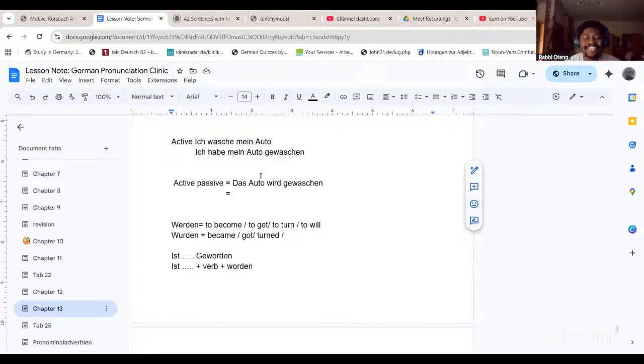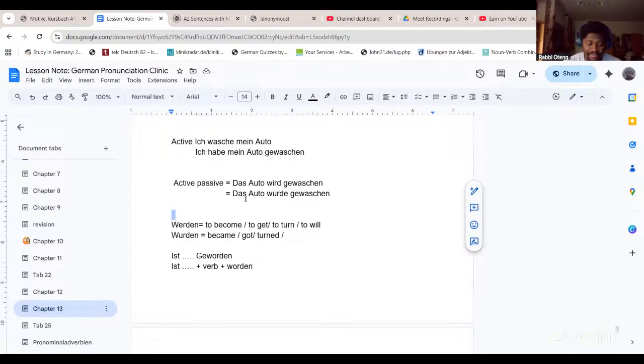So in the active passive, when you want to say that the car became washed, then that's Das Auto wurde gewaschen. Or using the second one, this is the past tense.